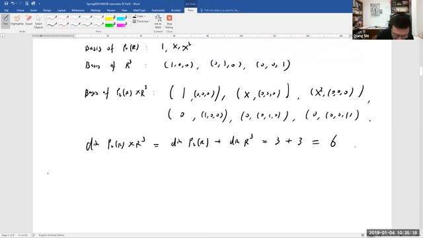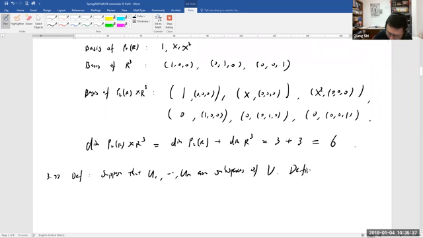I think this is 377. Suppose that U1 up to UM are subspaces of V. So we're going to define a linear map.